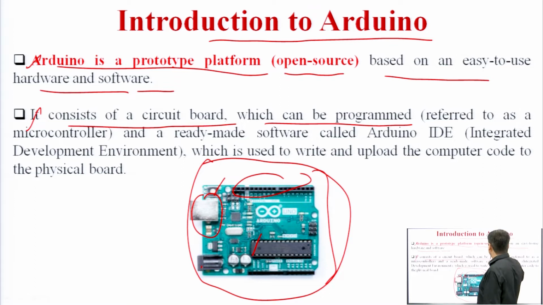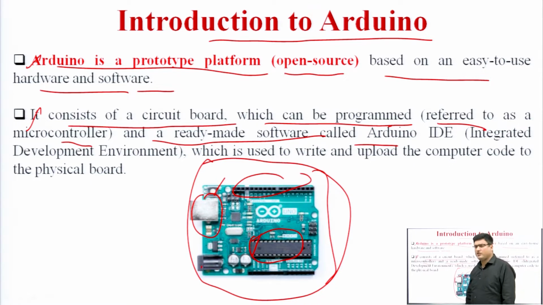It can be programmed because we are using a processor here, and so it is referred to as a microcontroller, a system on chip, with ready-made software called Arduino IDE. Ready-made software means that we need not use another C++ or other platform.